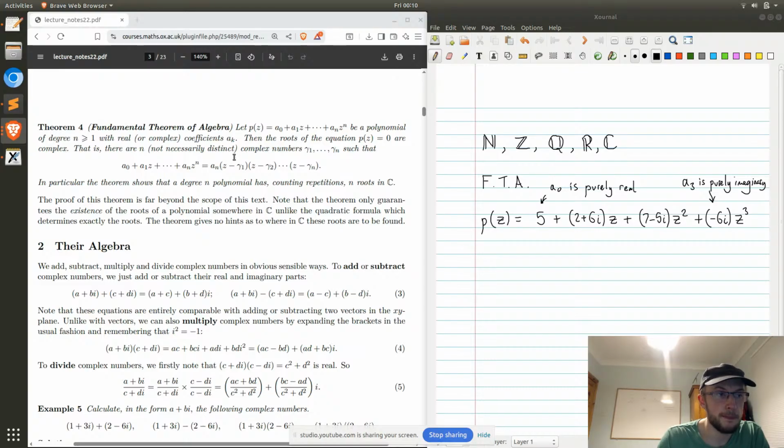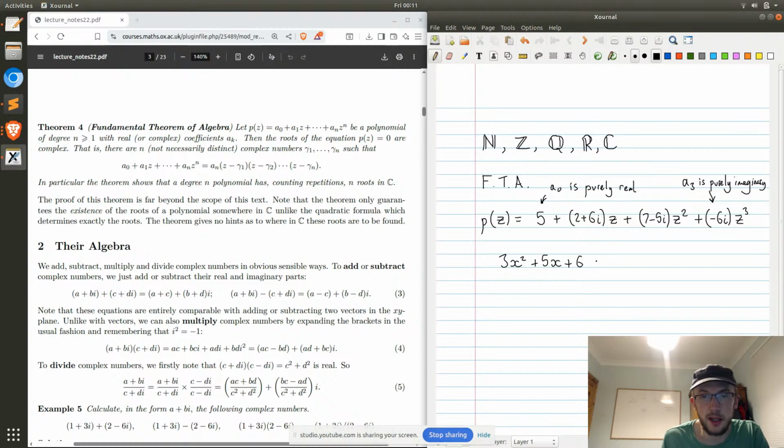Think of when you factor a non-monic quadratic, like 3x squared add 5x add 6. You can always do this, and now we have a monic quadratic in the brackets.